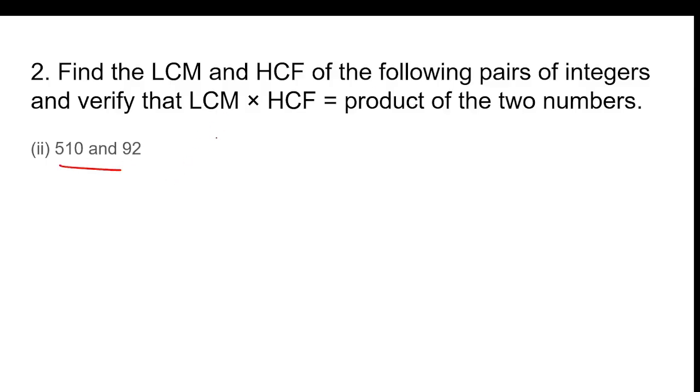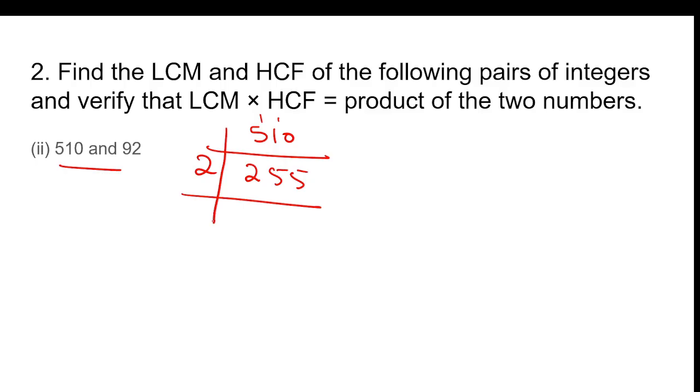Second is 510 and 92. What is the first step? We have to find out the prime factors for both the numbers. Okay, 510 divided by 2: 2 fives are 10, 2 five twos are 255. Next. Is this divisible by 2 again? No, because this is an odd number.